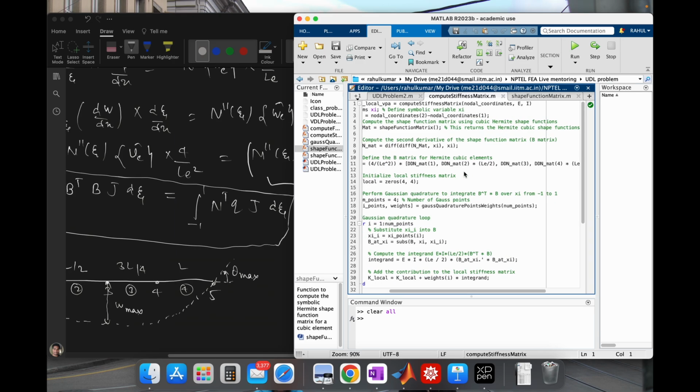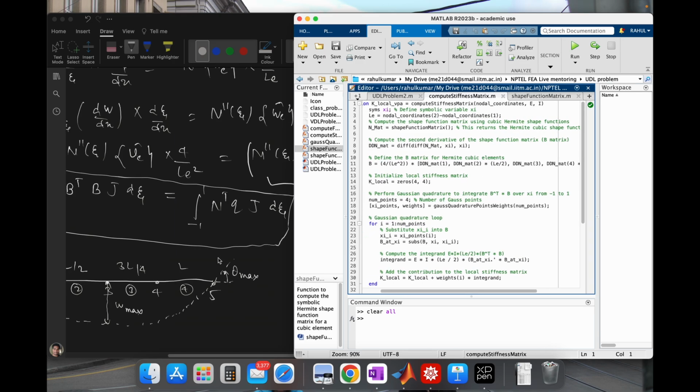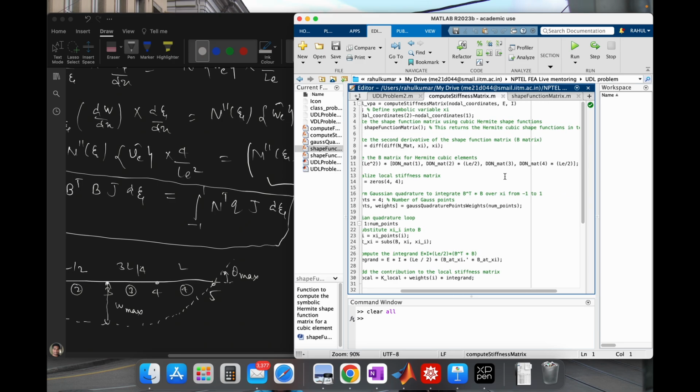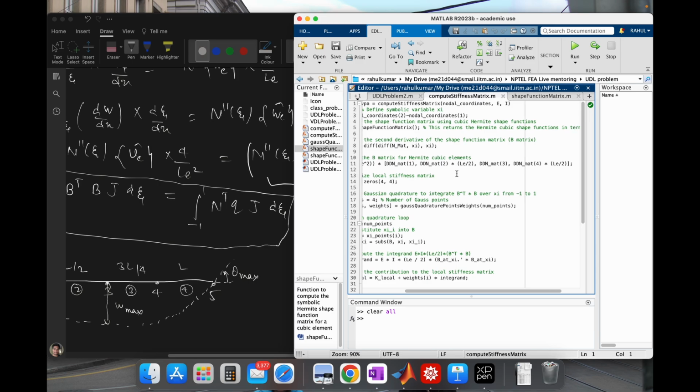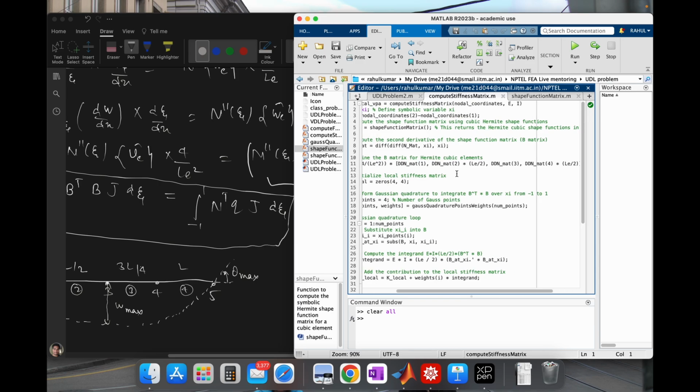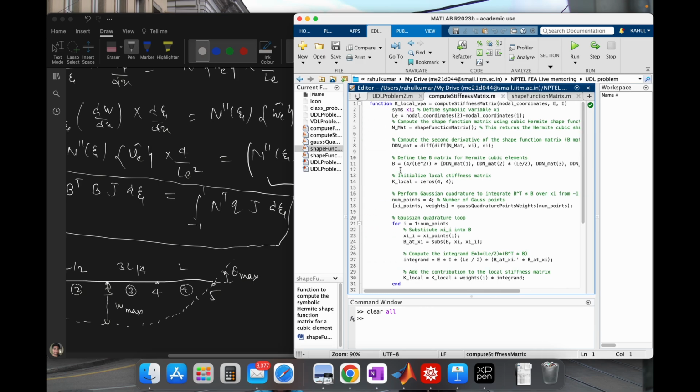And we already saw that when you differentiate it, this factor will come into the picture, so that's why I have written it here.